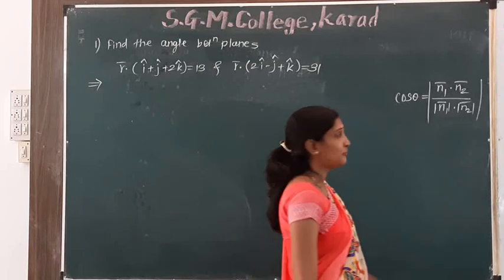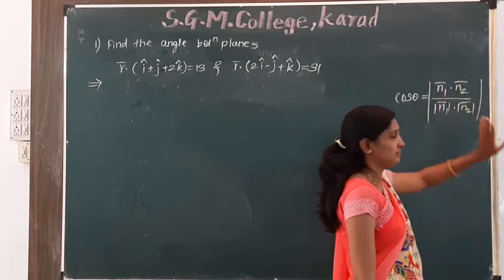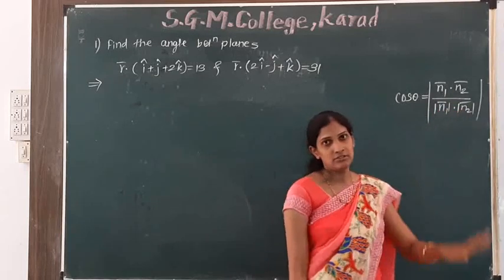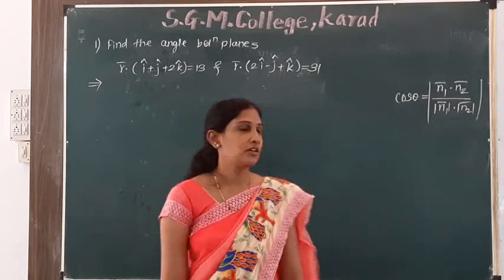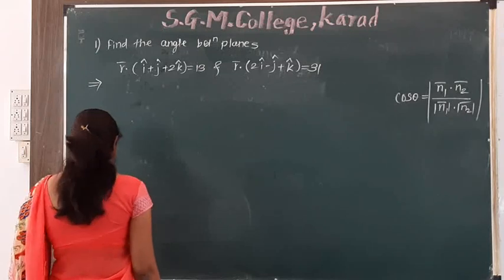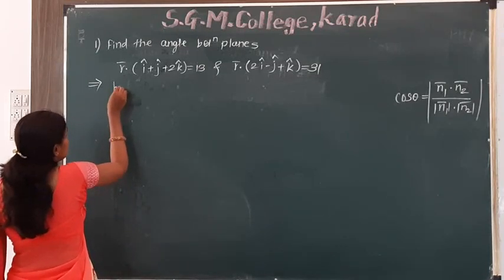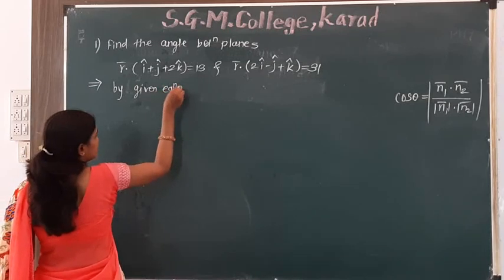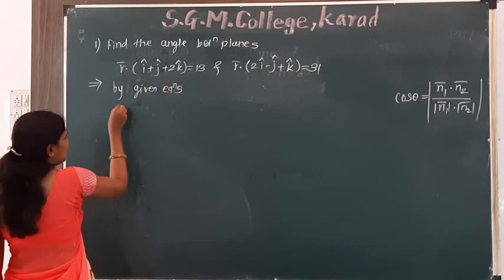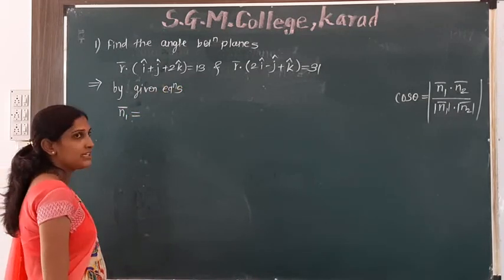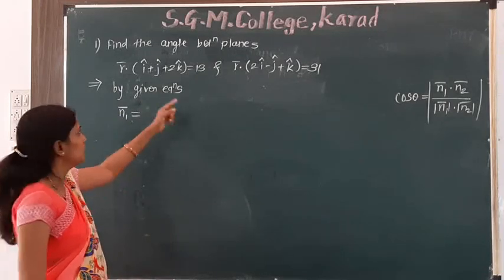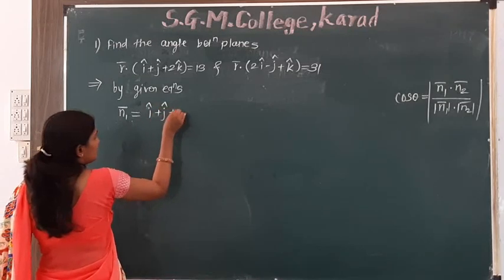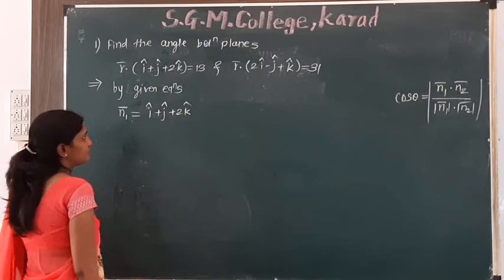So we have to find first n1 bar and then n2 bar, then we put the value of these two in that formula. Then what is n1 bar? By given equations, n1 bar is a normal to first plane, that is I cap plus j cap plus 2k cap.